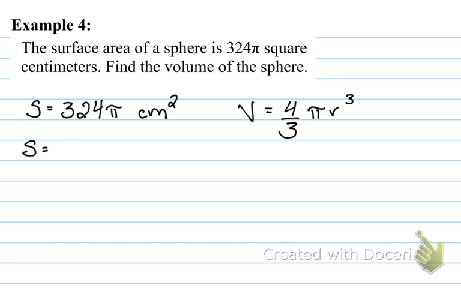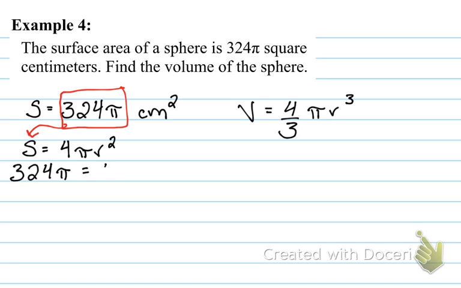Surface area is 4 pi r squared, and let's find r. We know this guy right here is my surface area, so let's replace that for my S. So we'd have 324 pi equals 4 pi r squared.